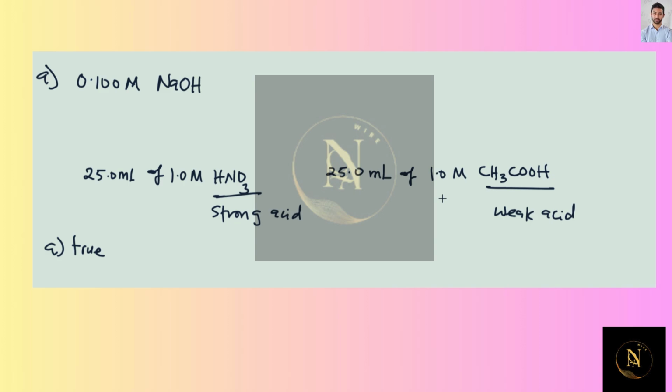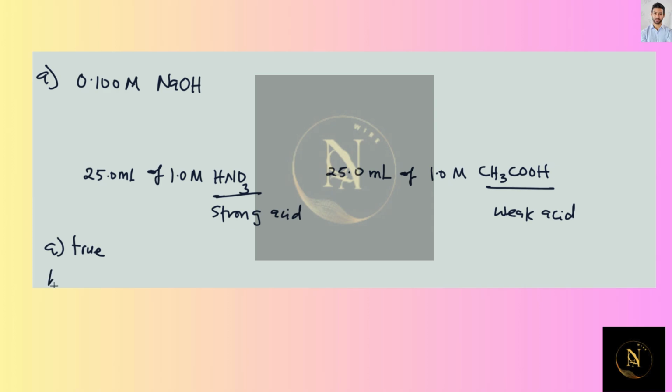Okay. B says the pH at the equivalence point in nitric acid will be lower than the pH at equivalence point in acetic acid titration.